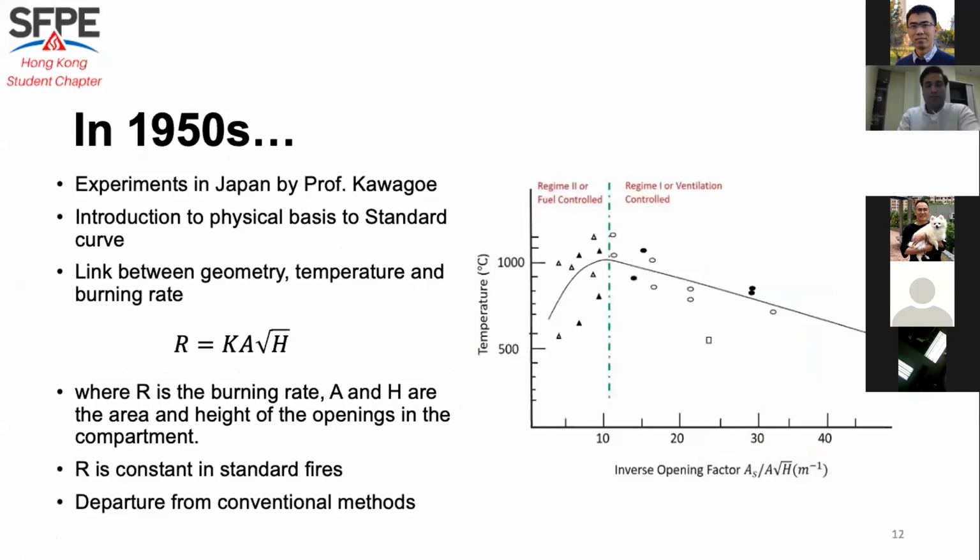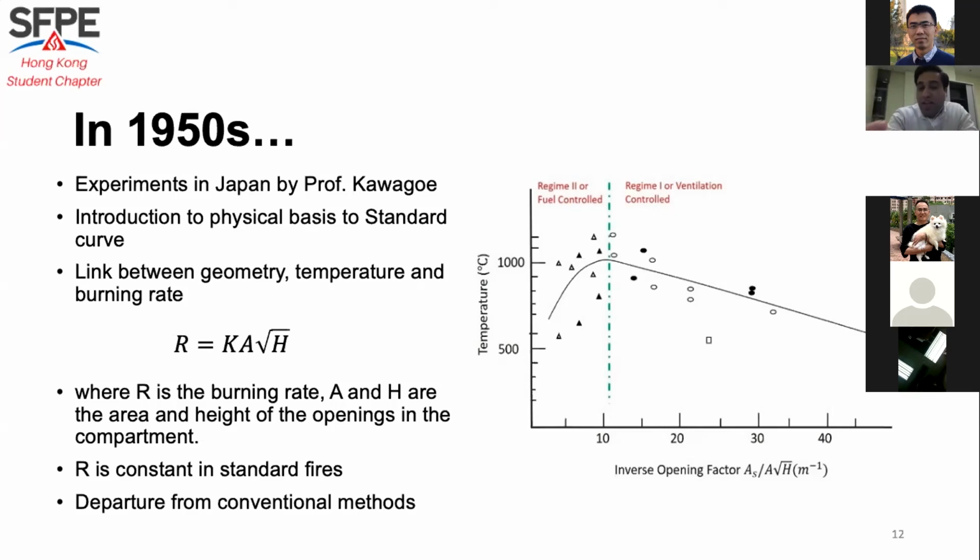So we were using these standard fires for a long time, then one of the revolutionary works was performed by Professor Kawagoe in Japan in the 1950s, basically after World War II. There were many ruins of World War II available, so he did many tests there for decades.